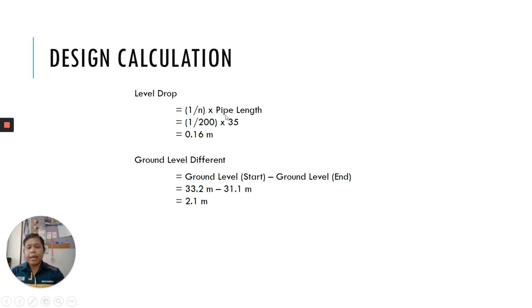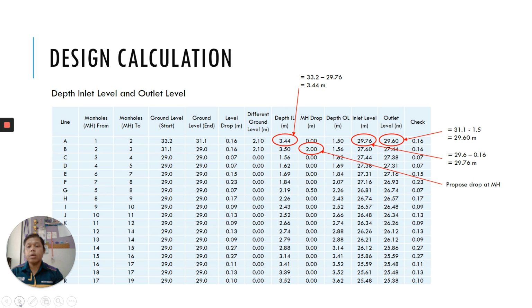This is the pipe length that you have to prepare from one manhole to another manhole. Then this is the ground level difference, which is the ground level at the start minus the end. So if it starts from 33.2 and the ground level at the end is 31.1, it is equal to 2.1 meters. Okay, and then this is the design calculation in the example. Okay, the depth, inlet level and outlet level.